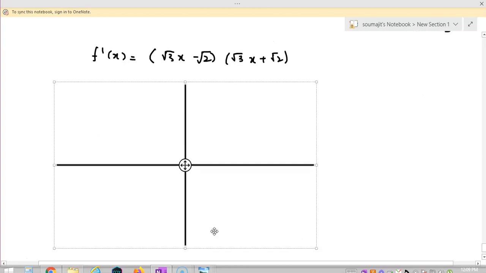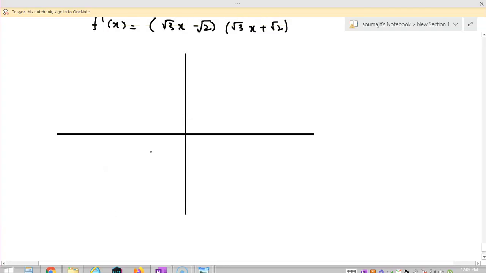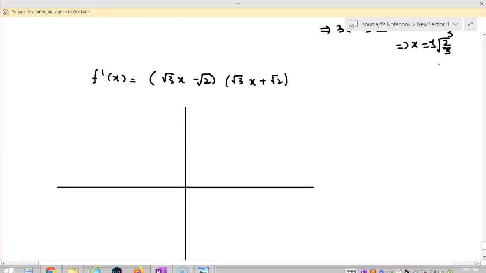Okay, now so these are our critical points, minus root 2 by 3 and this is root 2 by 3. Now you can see that if we choose any value from minus infinity to minus root 2 by 3, then f dash x must be positive.